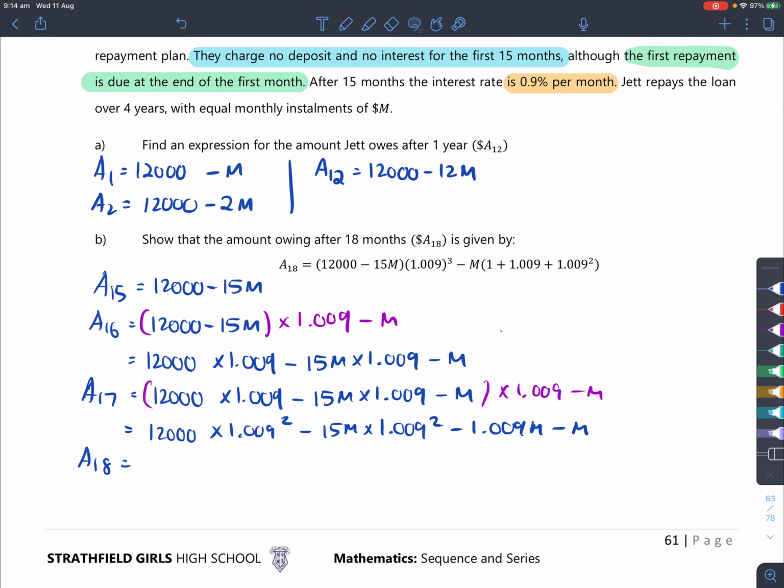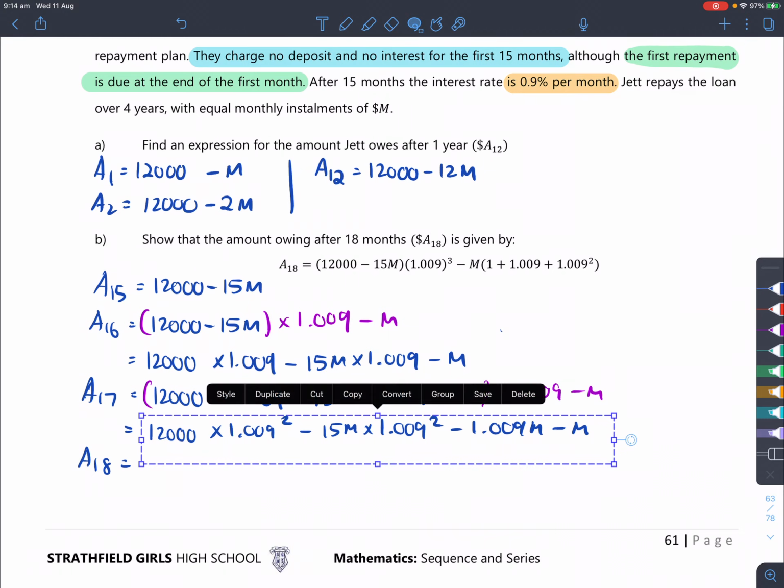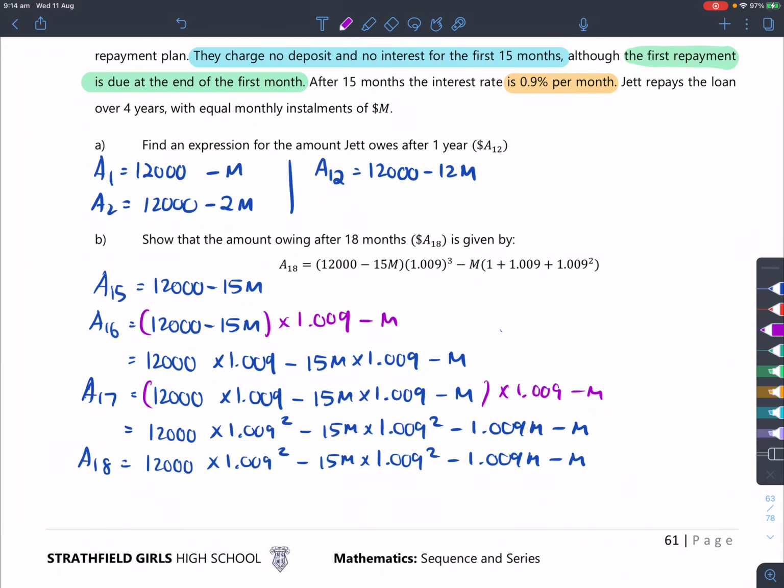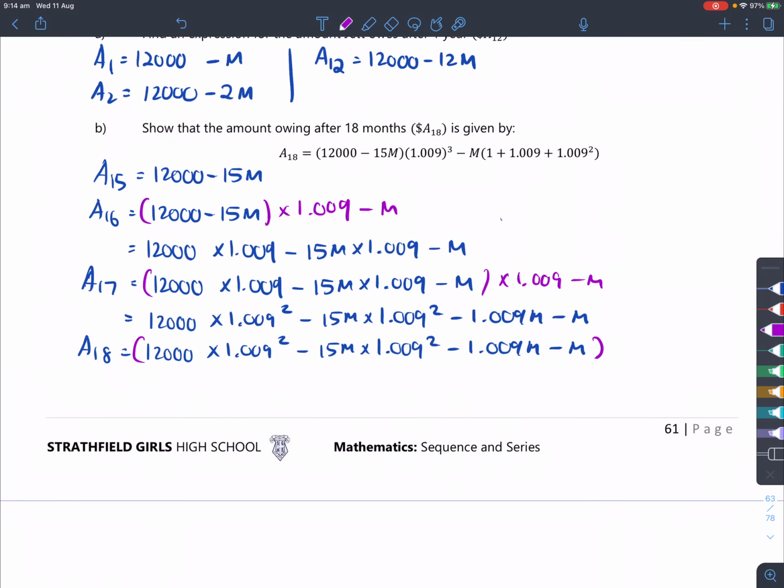A18 would equal A17's amount. So again, I'll copy this down here, and I will multiply this by 1.009, minus M.